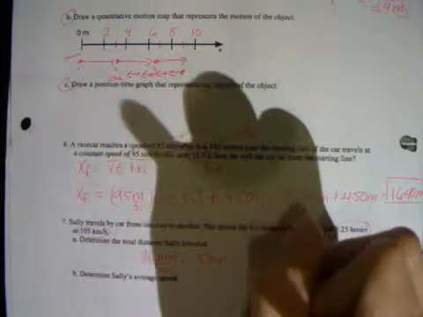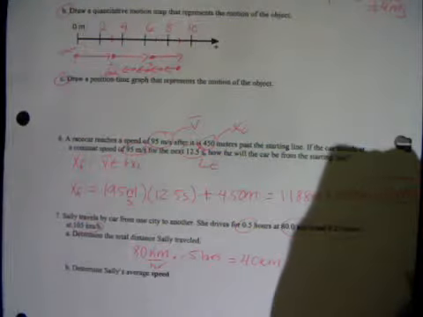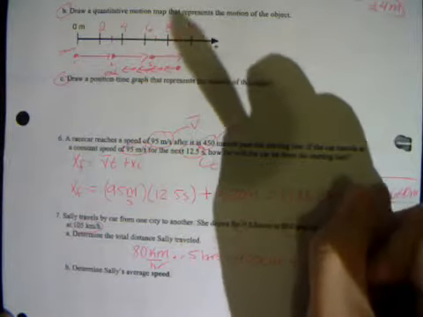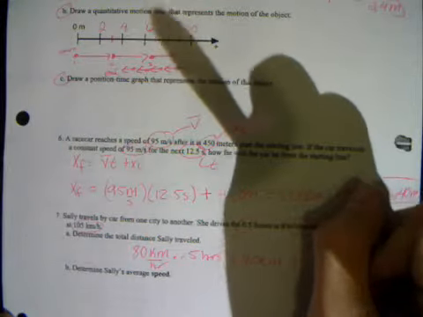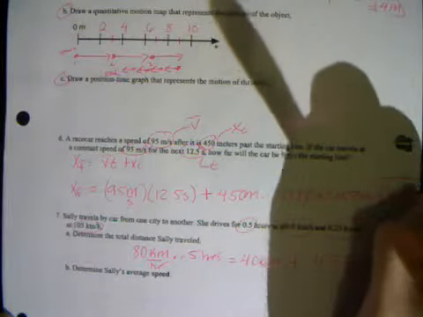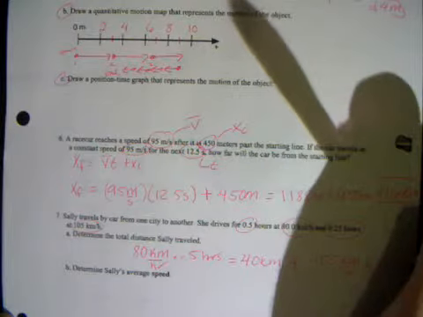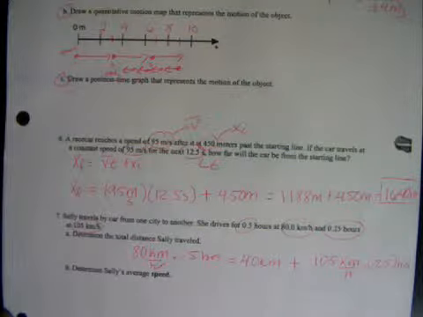Those hours cancel, you get 40 kilometers. Okay, so she traveled 40 kilometers plus 105 kilometers per hour times 0.25 hours. I'll do that on my calculator really quickly.